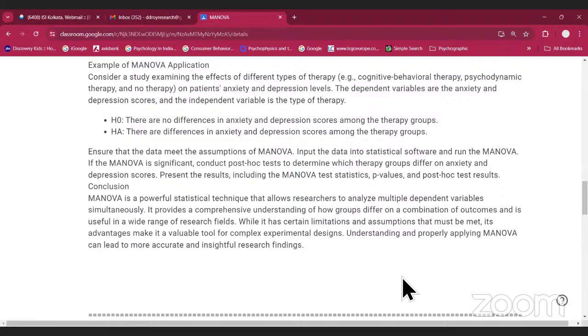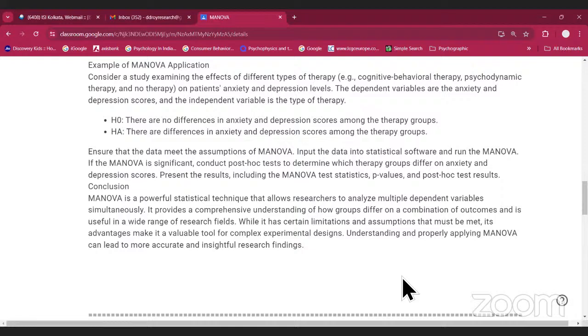In MANOVA, we only get the significant result that the independent variable's effect on the dependent variables is significant, whether there are two or three dependent variables. We are not getting the individual effect. That is, whether cognitive behavior therapy has more effect on anxiety and depression or not.